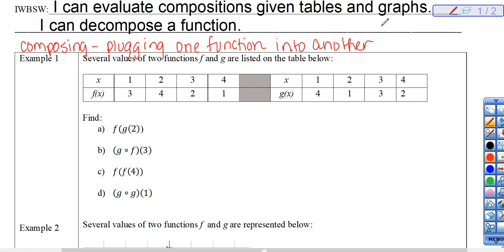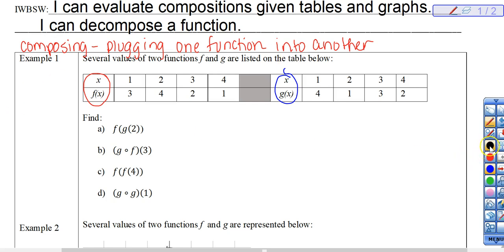Okay, so here we have several values of two functions, f and g, listed on the table below. So I'll go ahead and do my work with f in red. There's my function of f right there, my inputs and my outputs, my x and my y. And this table has my function g with all of my inputs and all of my outputs.